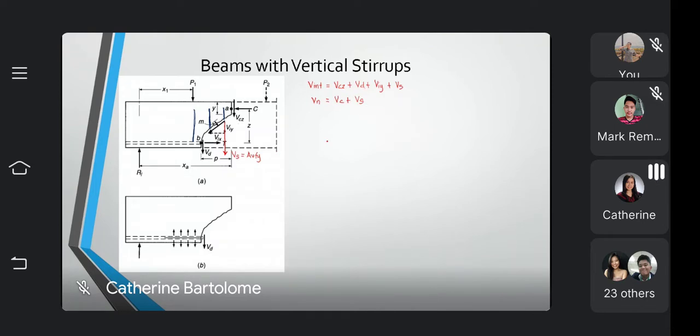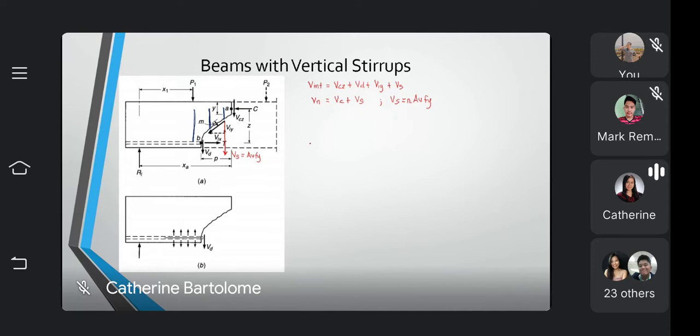And as stated here, VS is equal to AVFY, right? But this is just for one stirrup. So we don't know kung ilan yung stirrups, kaya let's just call this N for the number of stirrups. Okay?